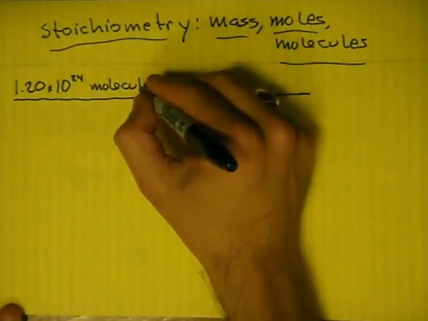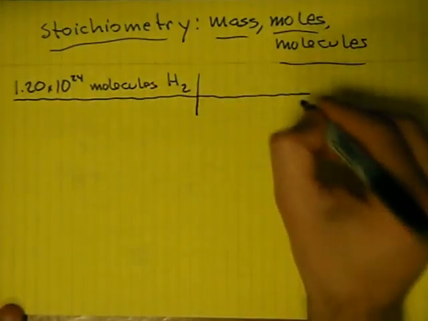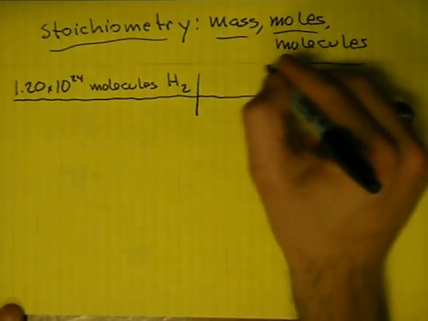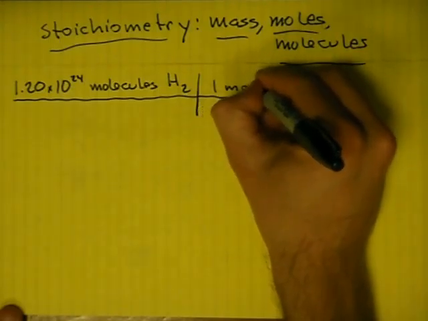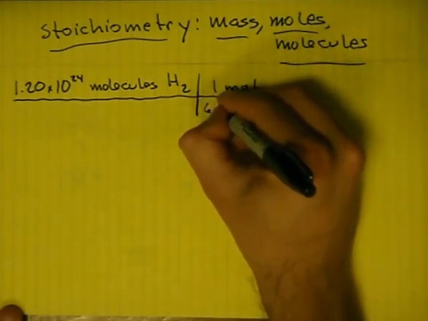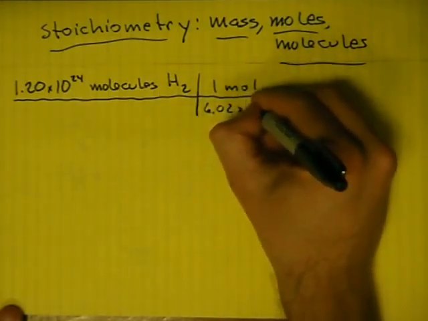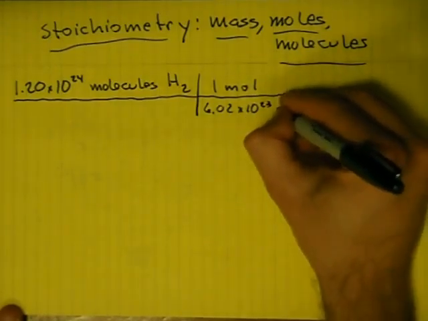So now we've got molecules on top, so we're going to need molecules on bottom. We're trying to find moles, so we need to put moles on top. So 1 mole is equal to 6.02 times 10 to the 23rd molecules.